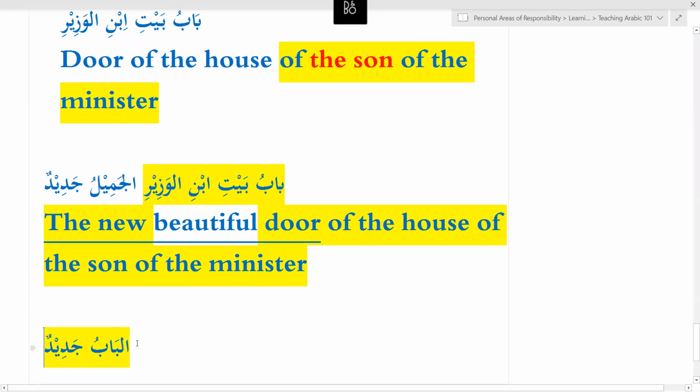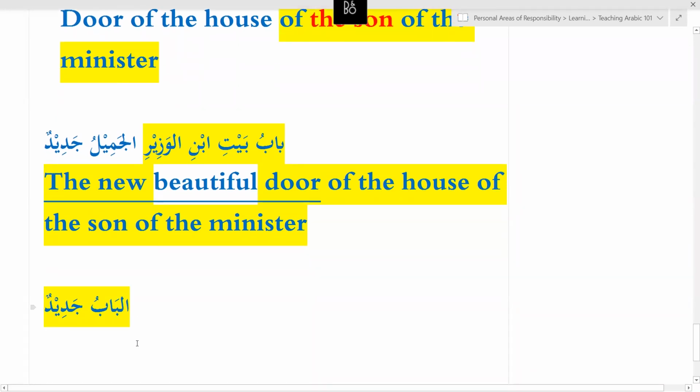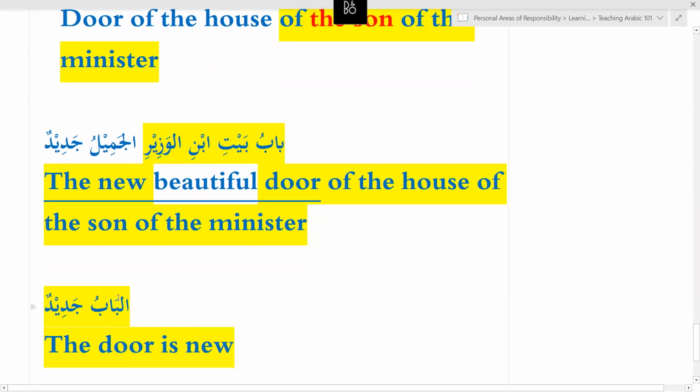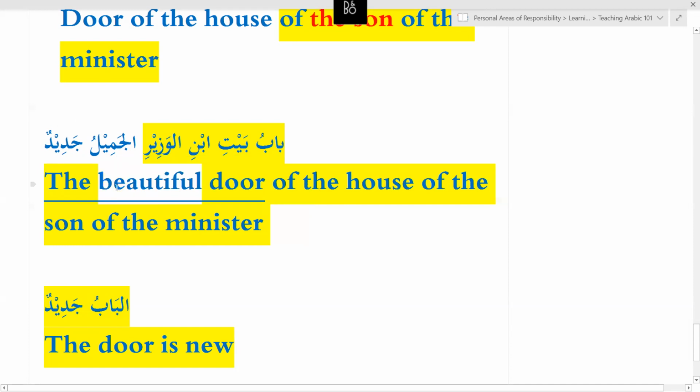Al Babu Jadidun means the door is new. There's no chain here because Al Babu is the door, Jadidun is new, so the door is new. I need to make this Jadidun to say it's not the new beautiful door, but it's the beautiful door of the house of the minister is new. So it has to be Jadidun.